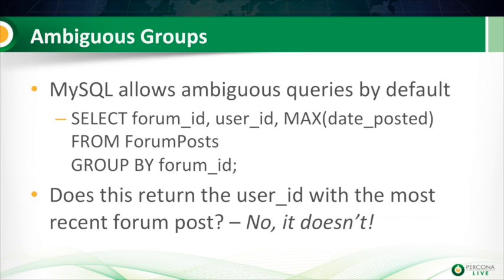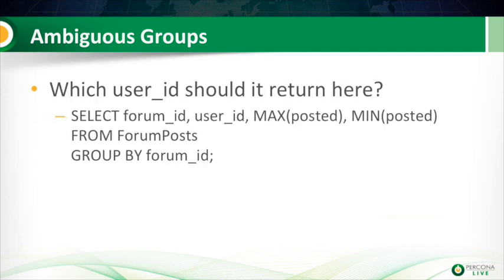Very confusing. It should infer what I mean from this. It doesn't do that. So let me show you a different example that may illustrate the reason here. If I'm doing a query similar to the one on the previous slide, and I'm looking for the maximum of the posted date and the minimum of the posted date, two aggregate functions in the same query, and then the user ID.